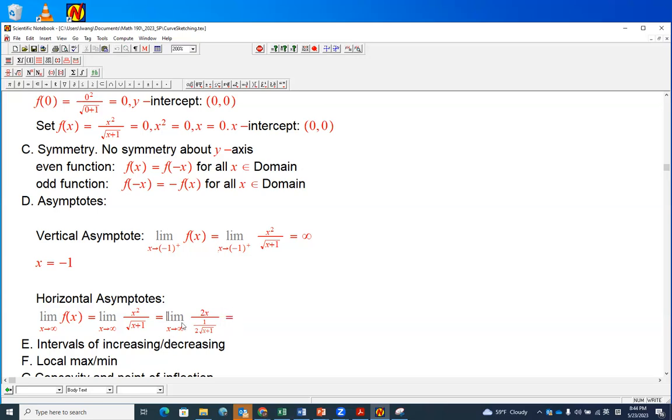And as a result, if we simplify this complex fraction and multiply both top and bottom by this piece, we're going to get 2x times that. So that's a 4x. That's going to be positive infinity.